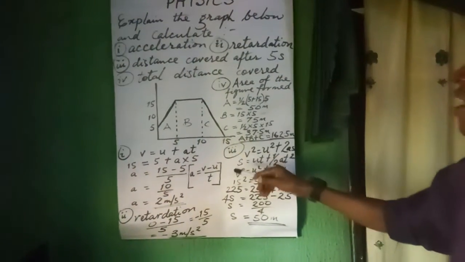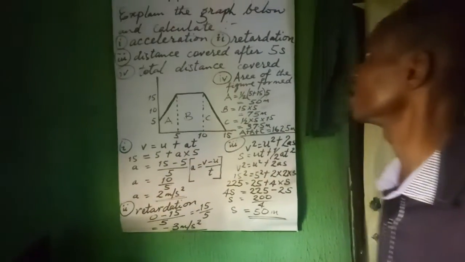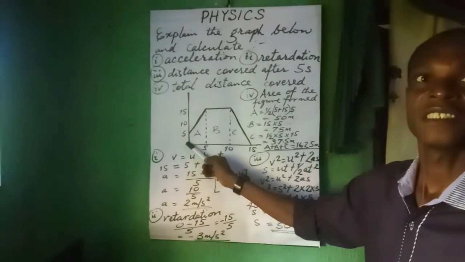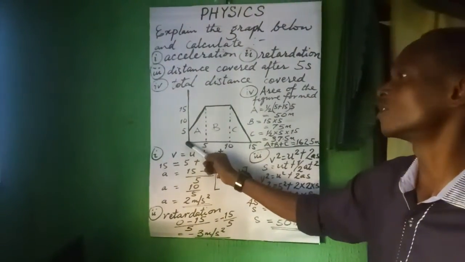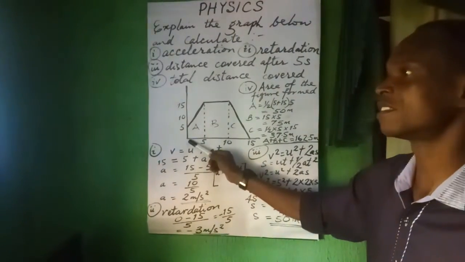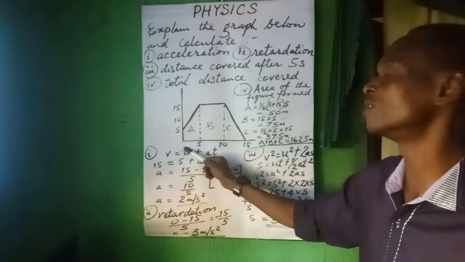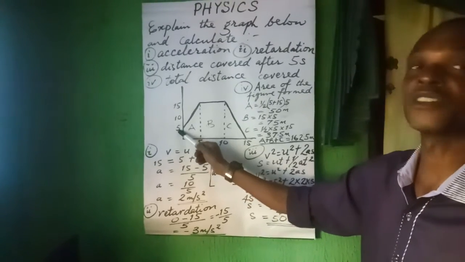To explain this graph, what it means is that the body took off not from rest. It didn't start from 0, meaning it did not start from rest, in which case initial velocity u will not be 0. So our initial velocity will be 5.